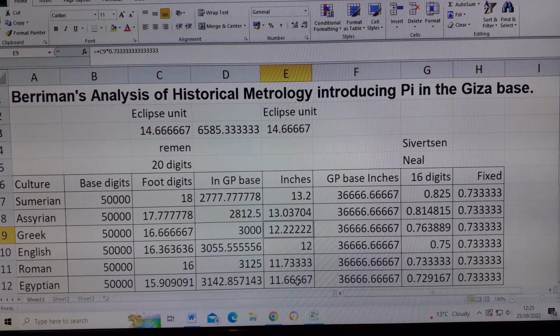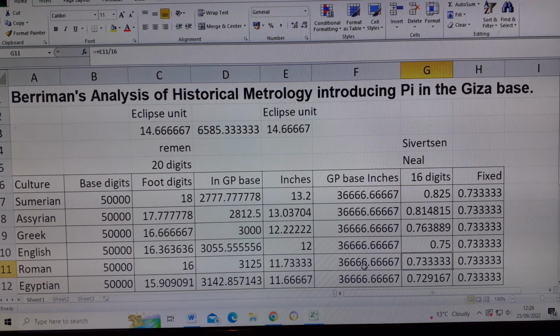And the actual Egyptian foot is 11.666 inches, which is 15.909090 digits. But when it's 16 digits, we get this digit here, 0.7291666, as opposed to this one here, the Roman one, which is 0.7333, which is the one that we're using in this column.